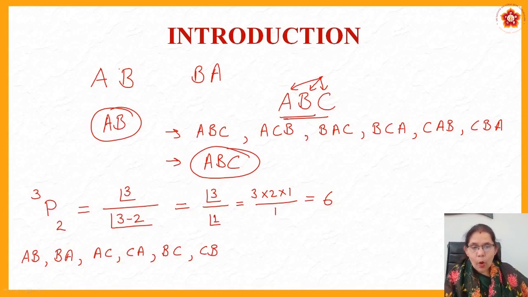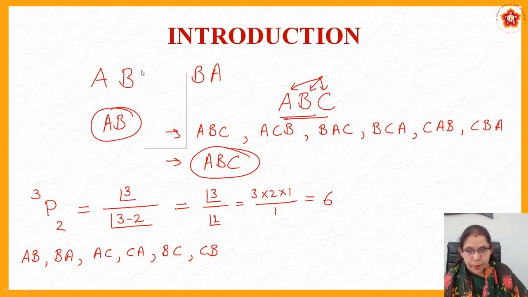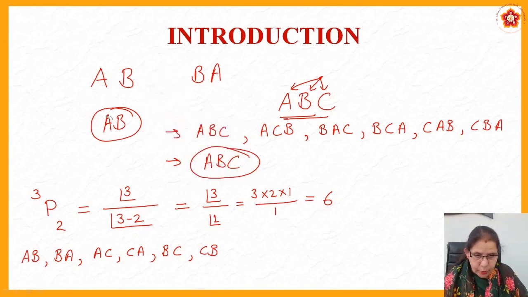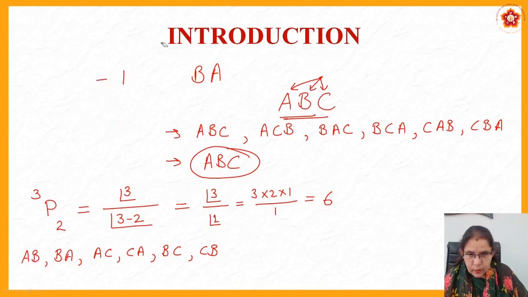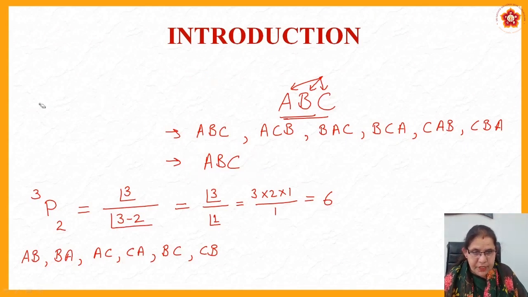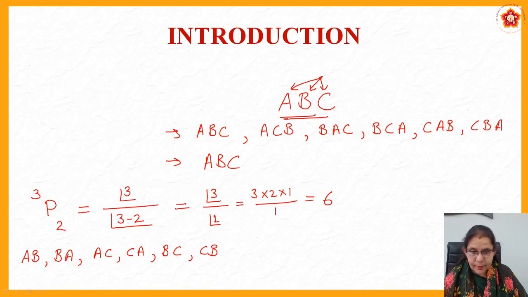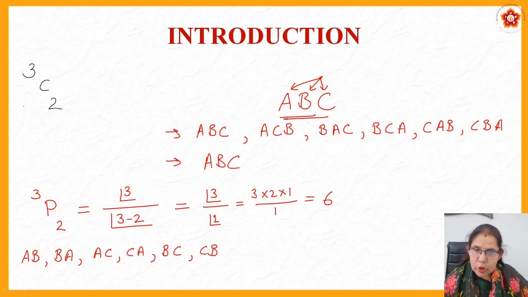When we are talking of combination, it is represented by C. Let me just show it to you. How can we choose 2 objects out of 3? And how are we going to represent it? So it will be represented 3C2.